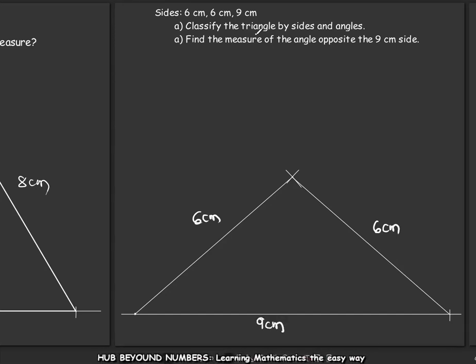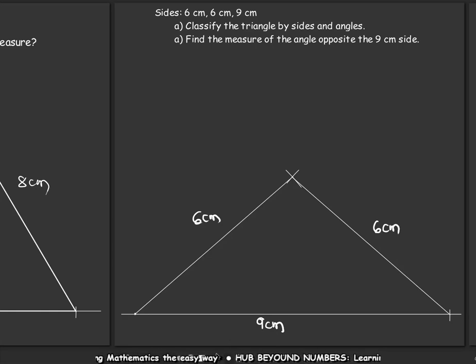And it says classify the triangle by the sides and then angles. So since you know that there are two sides being equal, then it's an isosceles triangle. The last one says you should measure the angle opposite to the 9 centimeters. And I think we've done that in the previous one, right?